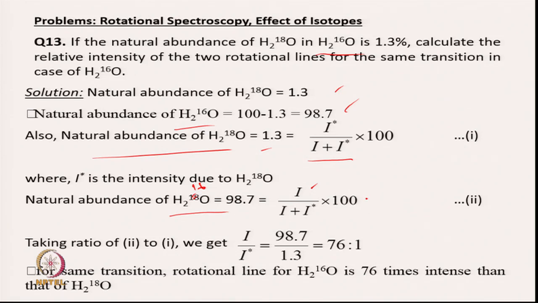If you take the ratio, I plus I star will get cancelled out. So, I by I star is equal to 98.7 divided by 1.3, and that gives you 76:1. So, for the same transition, the rotational line for S 16 O is 76 times more intense than that of S 18 O.